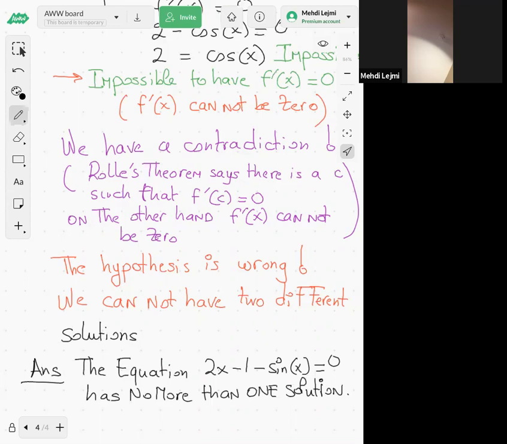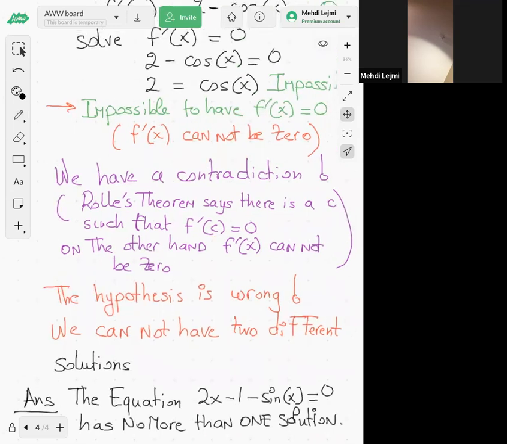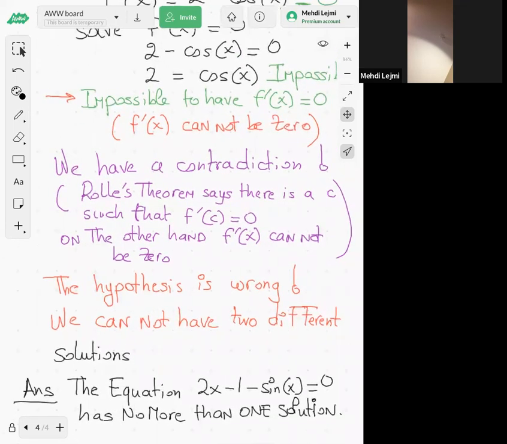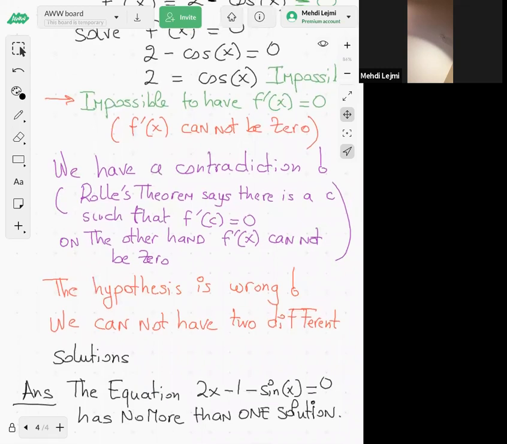So see, guys, this is a kind of logical thinking. You have to use a contradiction to prove that your equation has no more than one solution, and of course, we're using Rolle's theorem. Any questions, guys?